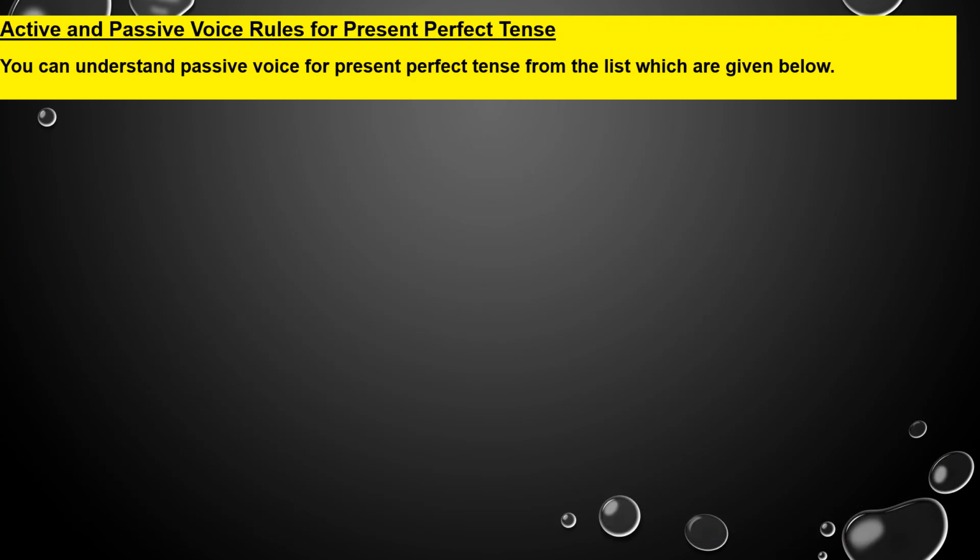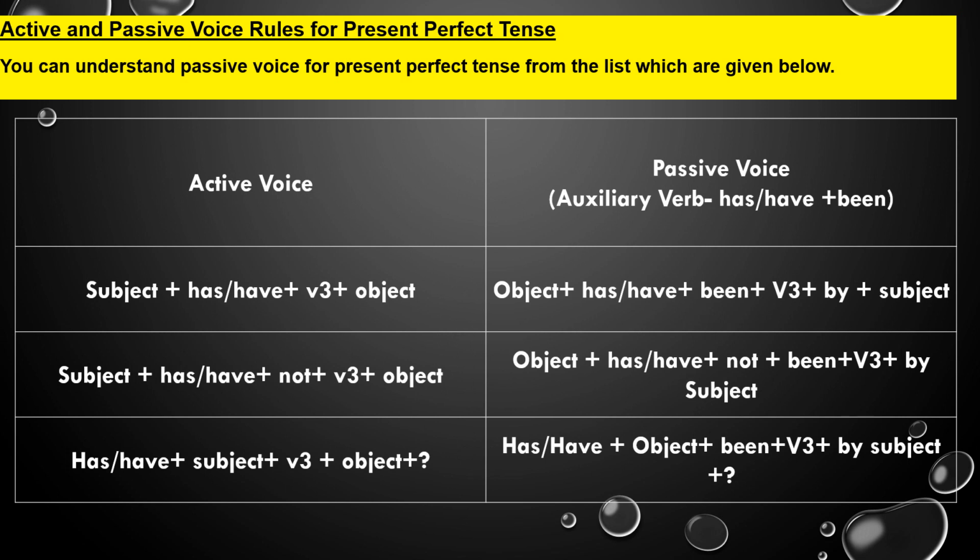Passive voice for the present perfect tense. Active voice and passive voice: subject plus has/have plus V3 plus object; passive voice is object plus has/have plus been plus V3 by subject. Negative: subject plus has/have not plus V3 plus object; passive voice is object plus has/have not plus been plus V3 by subject.